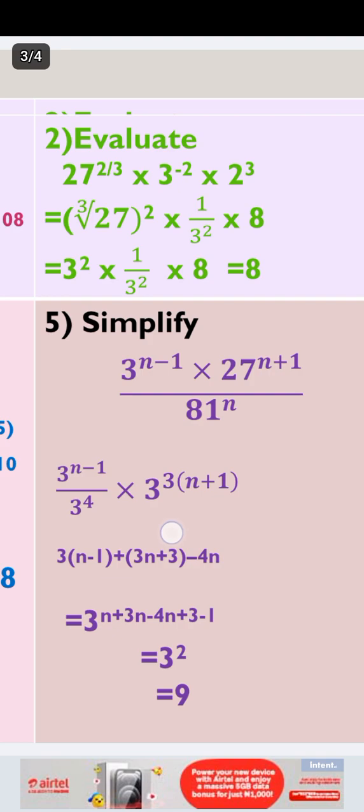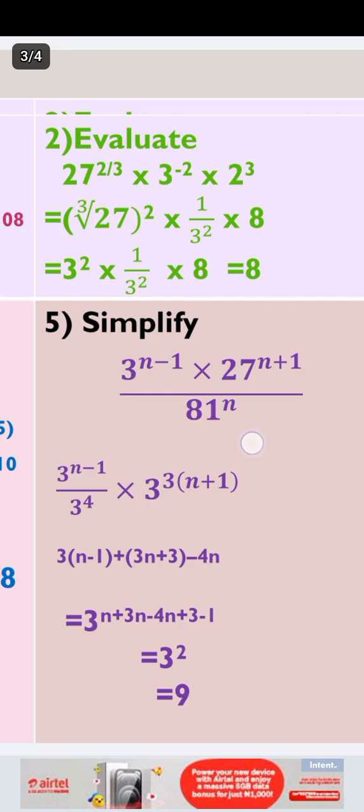So this is a power raised to another power: 3 to the 3 raised to the power n plus 1. That is the numerator. Then the denominator becomes 3 raised to the power 4, because 3 times 3 times 3 times 3 is equal to 81. And so it becomes 3 raised to the power 4n.